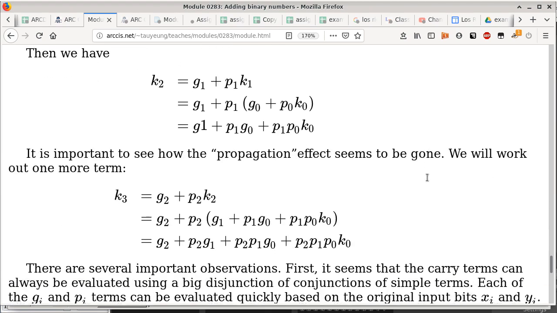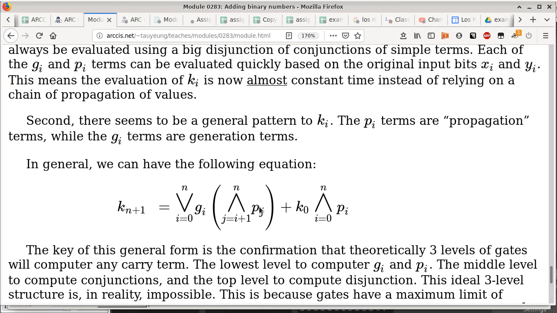And then later on, it will have expansions like this and something that looks like this. Once again, if you do not understand what the big wedge or the big V means, it's okay. We'll talk about that. But try to finish reading the entire module and jot down any questions that you might have. Then on next Tuesday, we'll go through the rest of the module.